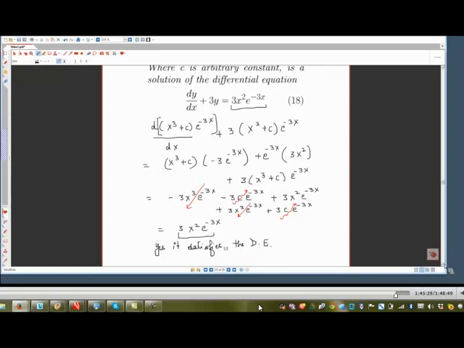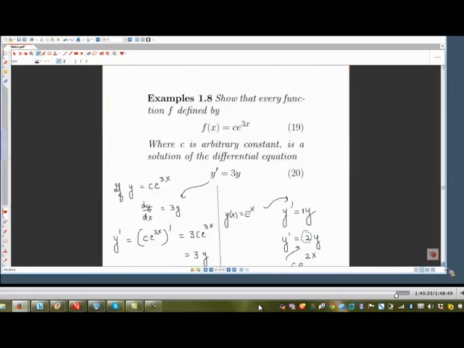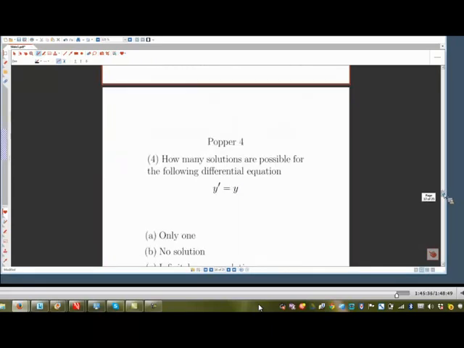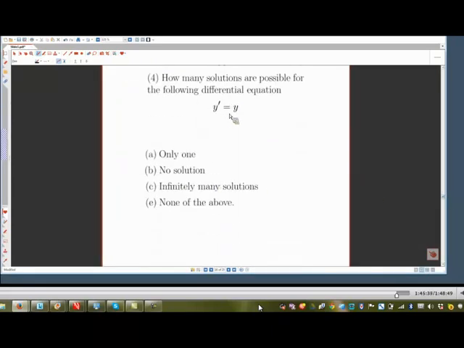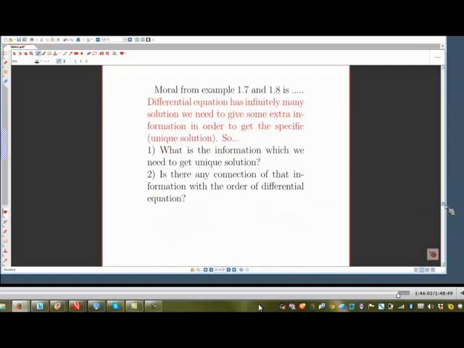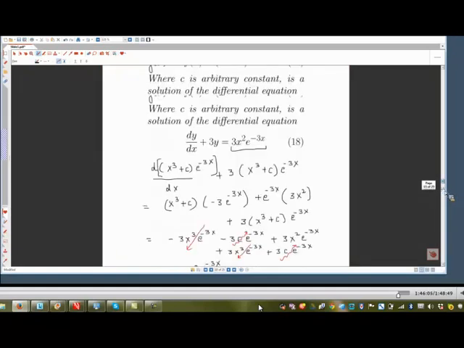Now, as we discussed this example already in the class, y prime equals y has infinitely many solutions, because y equals c e to the power x is a solution. So like this, we have infinitely many solutions for this problem. Any constant we change, we will get a solution of this problem. Now, what did we learn in this example back up here?